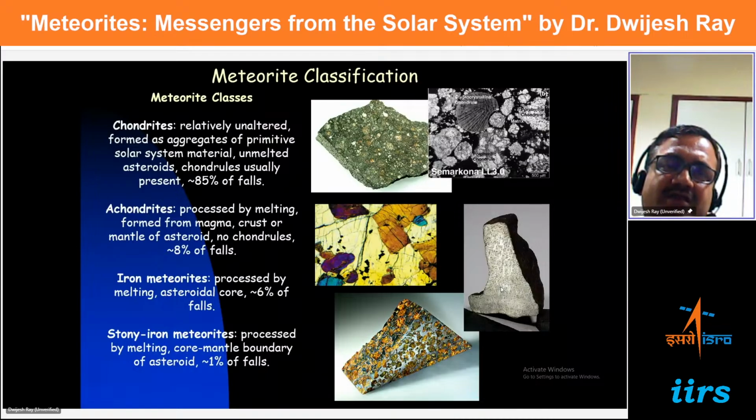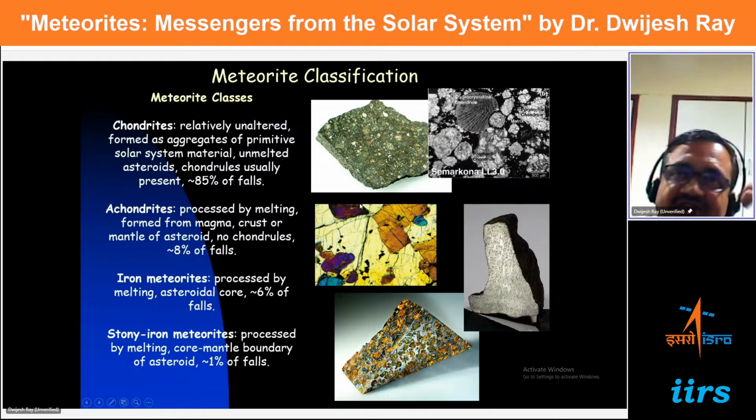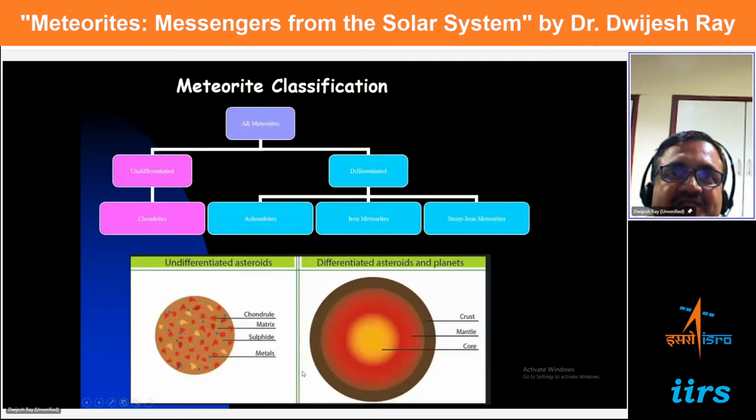This is the basic idea about classification. There are many complicated classifications, but I'm not going into those details. But generally, the fall statistics claim that we mostly expect ordinary chondrites, while iron meteorites and stony-iron meteorites are very rare.